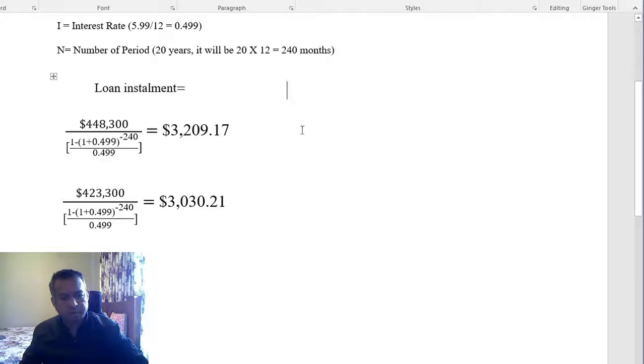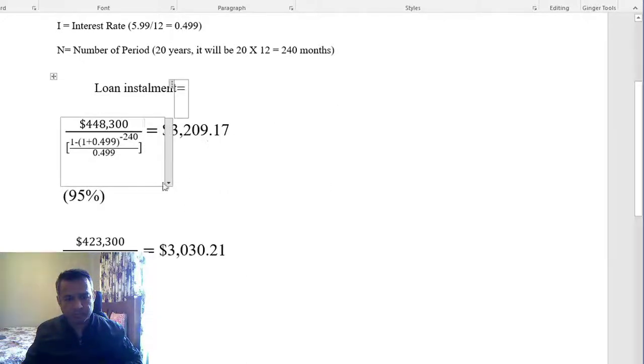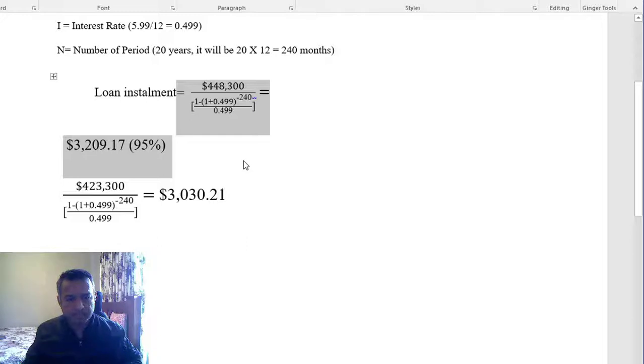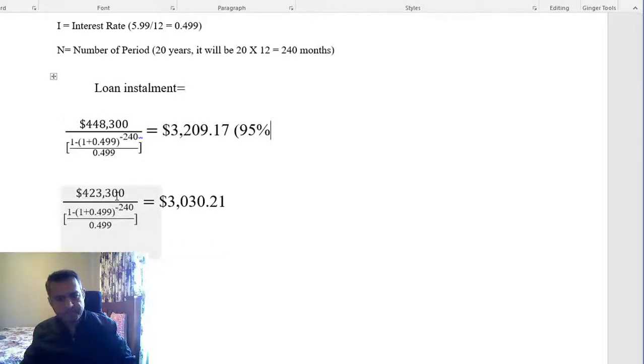Okay, now this will be at 95% loan amount, and this will be at 90% loan amount.